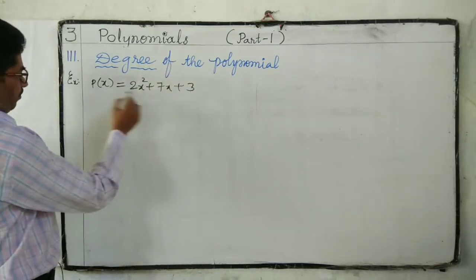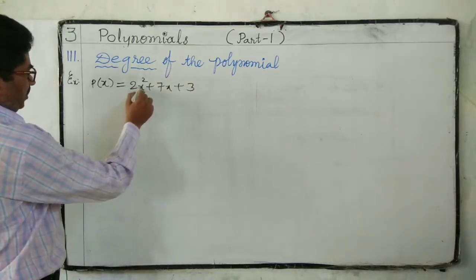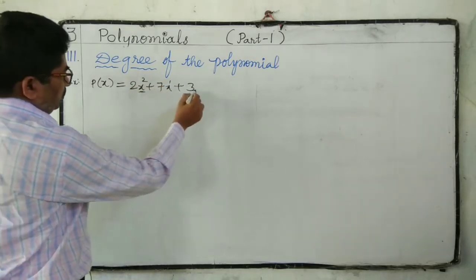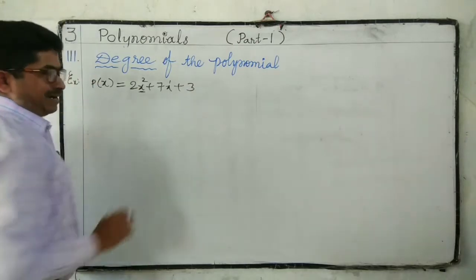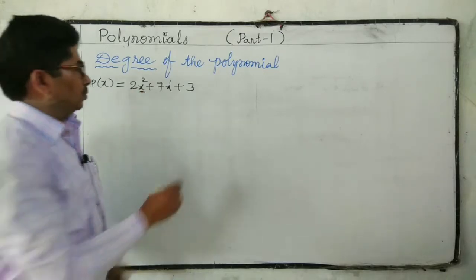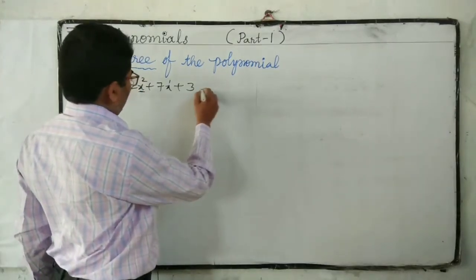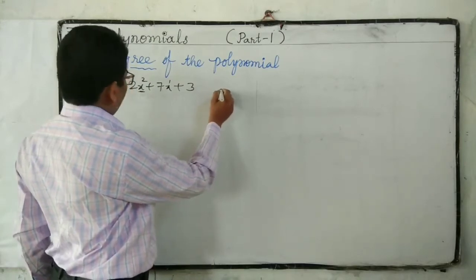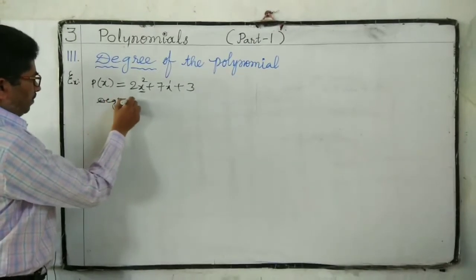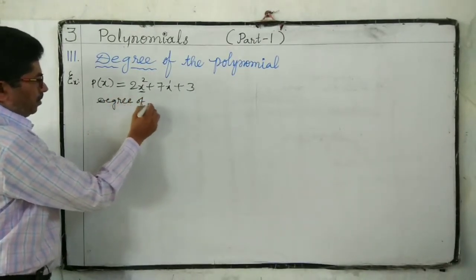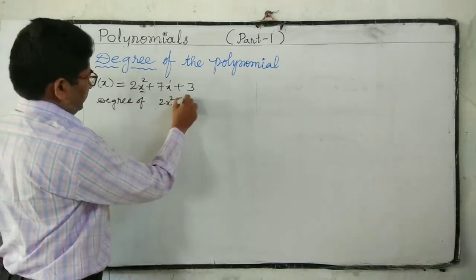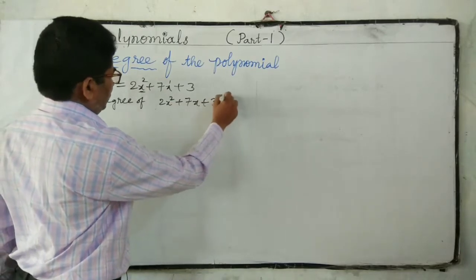In this, the power of x is 2, 1, and here 0. So in this the highest power is 2. So the degree of this polynomial is 2. Degree of 2x square plus 7x plus 3 is 2.